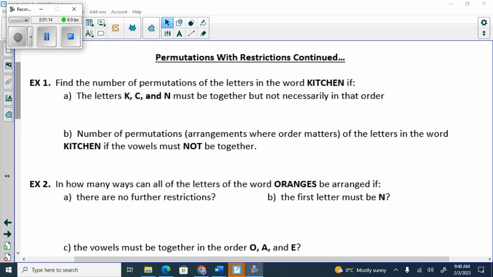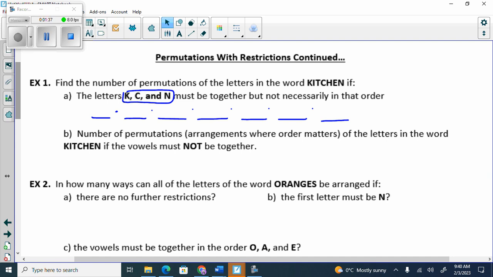So here it says the letters K, C, and N must be together, but not necessarily in that order. So I'm still going to do my blanks because I can put 1 letter here and 1 letter here, 2, 3, 4, 5, 6, 7. Now, whenever it says the KCN must be together, I always put them at the beginning and then move them after.